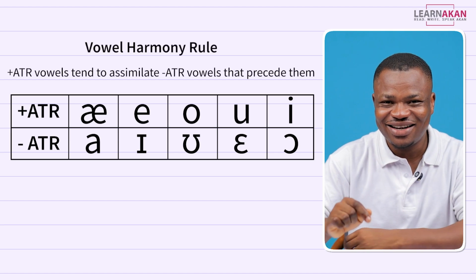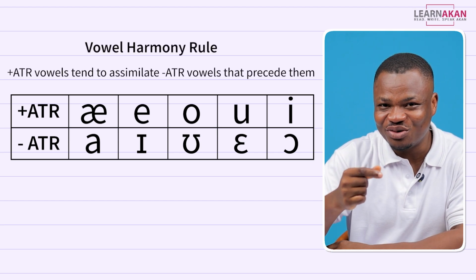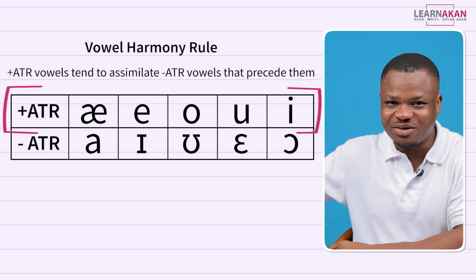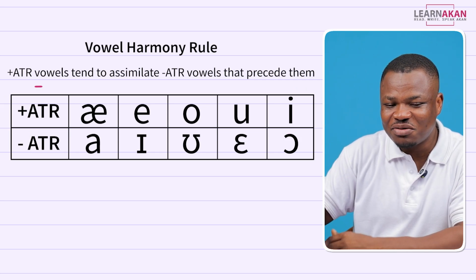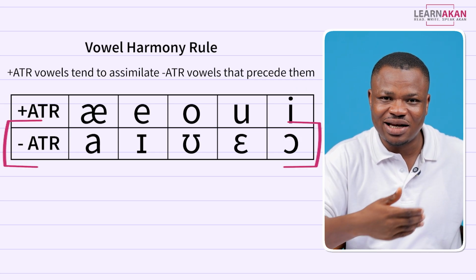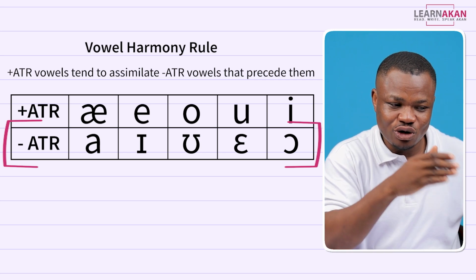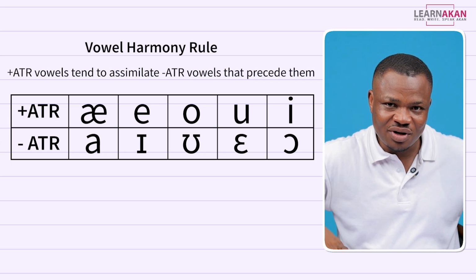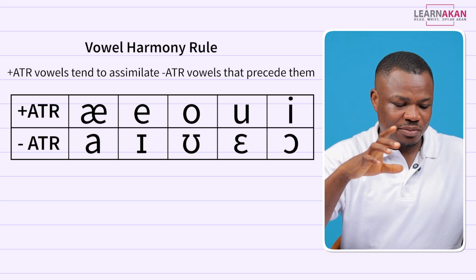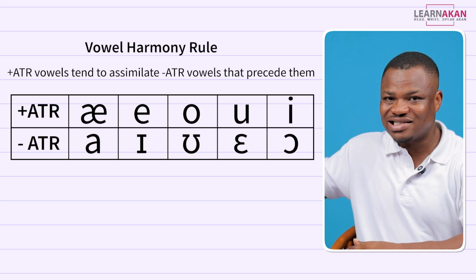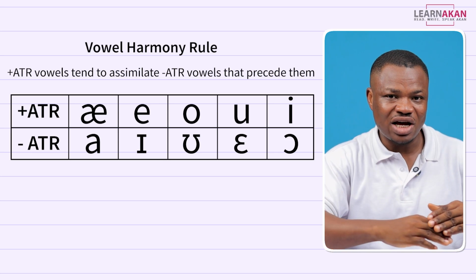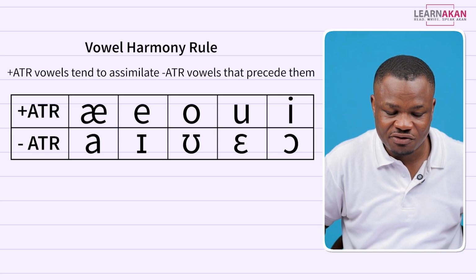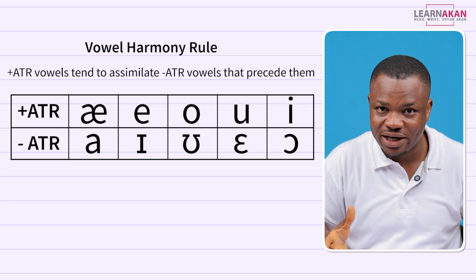Now, pay attention. According to the vowel harmony rule, plus ATR sounds tend to change minus ATR sounds that precede them. So you know, in the ideal environment, sounds from one set, so either plus ATR or minus ATR, should appear within an environment for it to be considered harmonious, right?